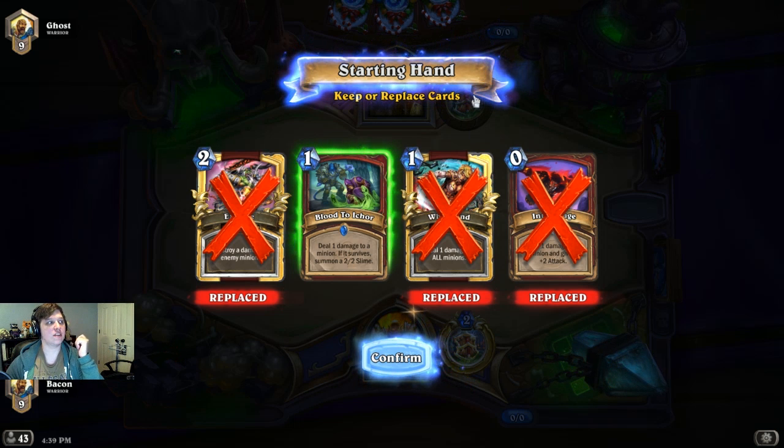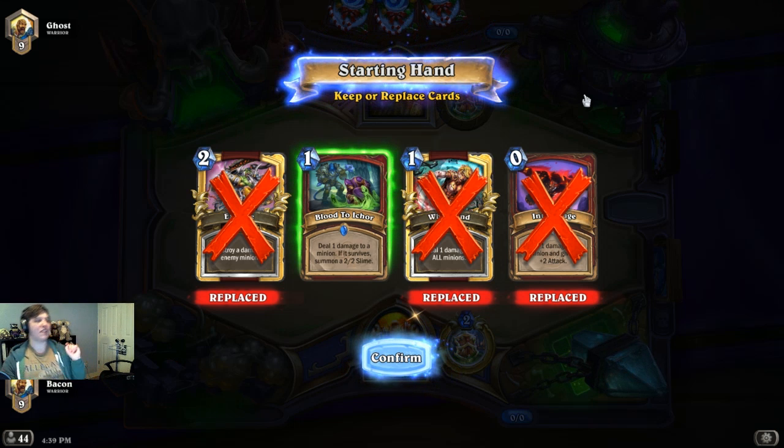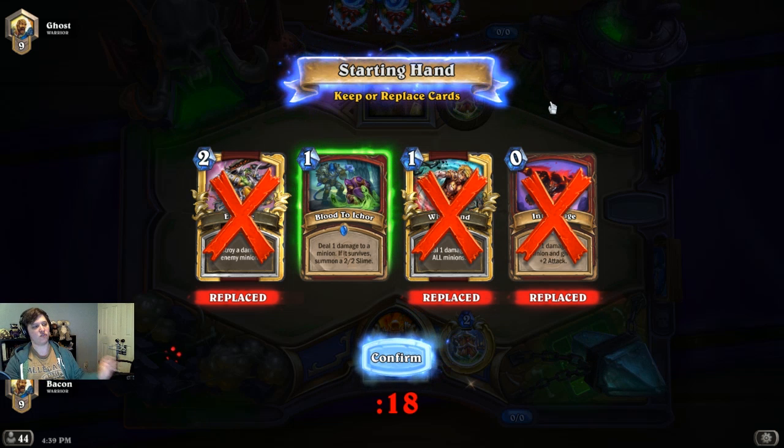And on the mulligan, their best possible hand would be Nizas First Mate, and then follow that up with the new 1/2 pirate that gains attack when you have a weapon. I forget what it's called. So that's their sort of best case draw.